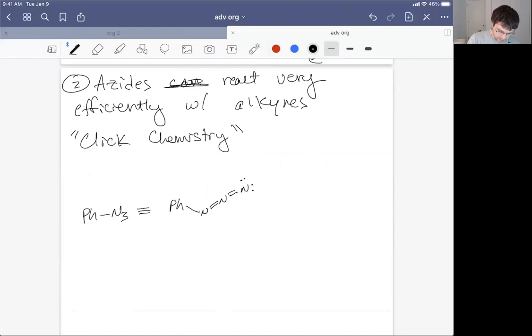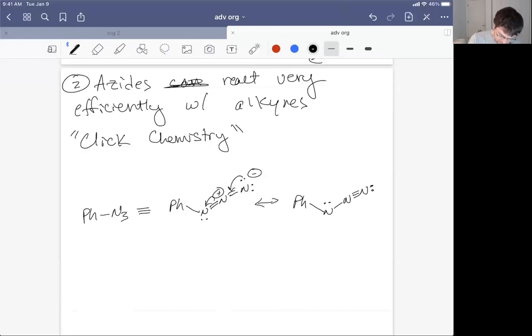this resonance depiction as a Lewis dot structure. And we could consider this as being in resonance with this depiction. It's probably hard to see what's happening here. So I'm going to go here to here.